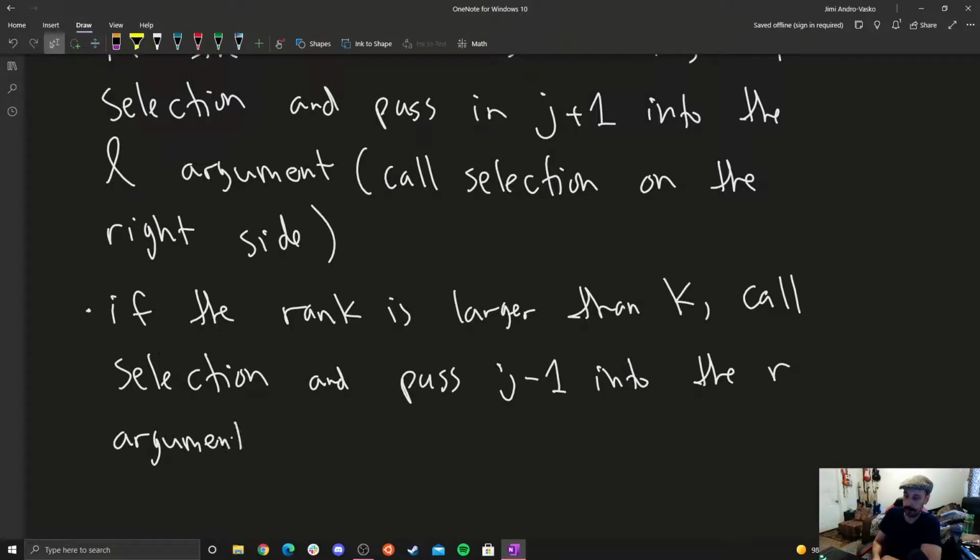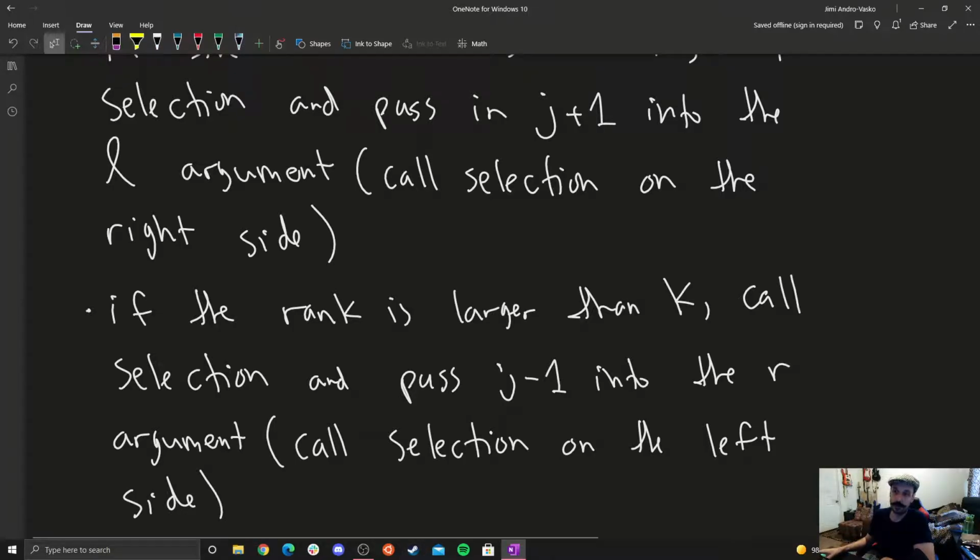And then L remains the same, k remains the same, the array remains the same. In other words, we just simply call selection on the left side.